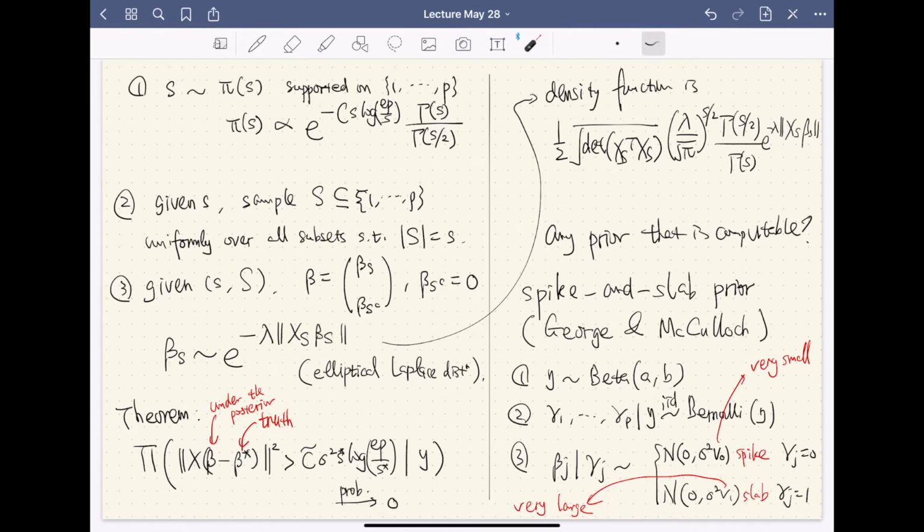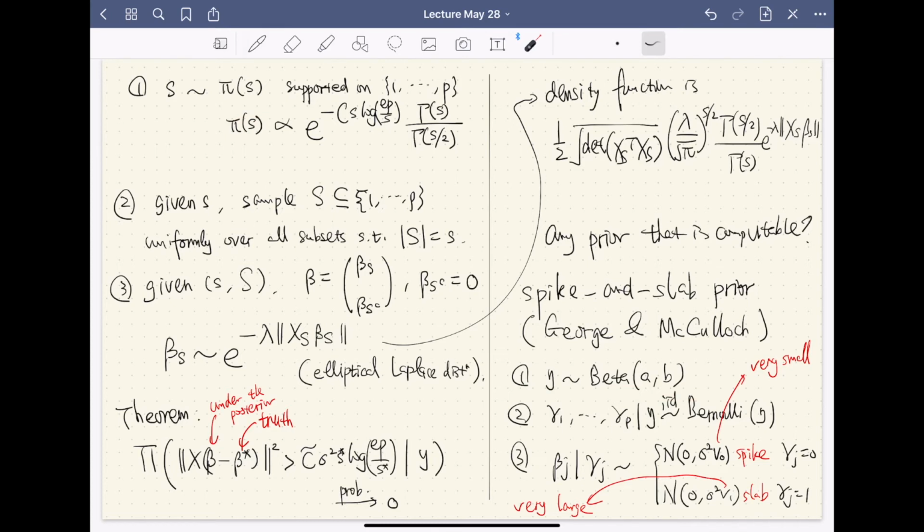If you compare these two prior distributions, they are actually very similar. The first step always controls the sparsity, the model size, under the prior distribution.